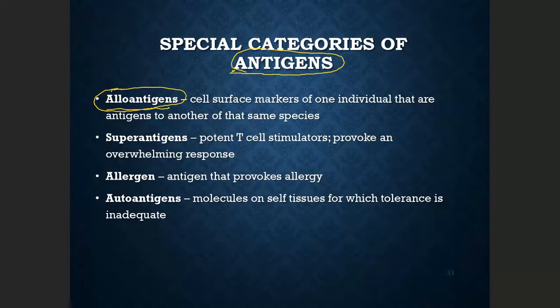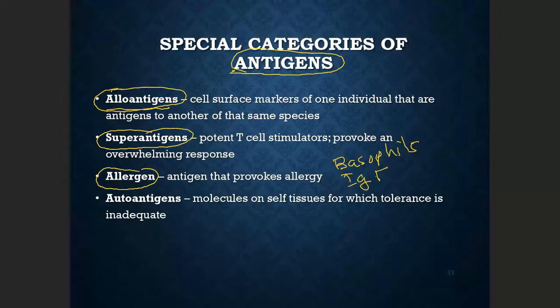Superantigen is an antigen that will provoke our immune system, maybe coming from bacteria, viruses. Allergens are special antigens that provoke the basophil and the IgE. So remember, basophil is the one that fights against allergy, and the antibody that also helps the basophil is called IgE.